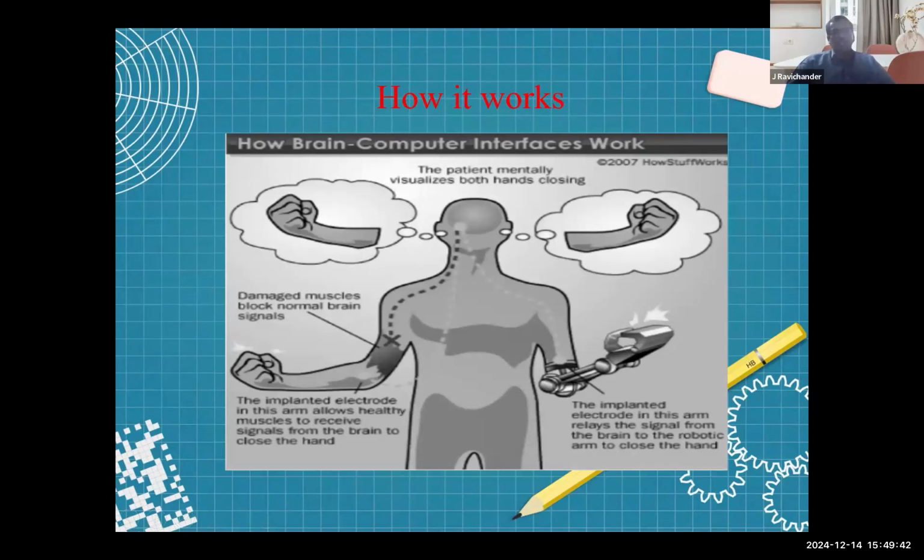When he feels both hands are closing, it generates one particular type of signal. When he mentally visualizes releasing the hands, it also generates another type of signal.